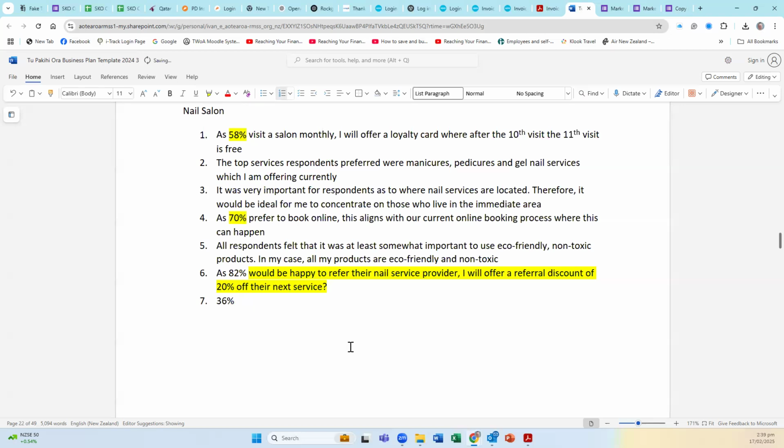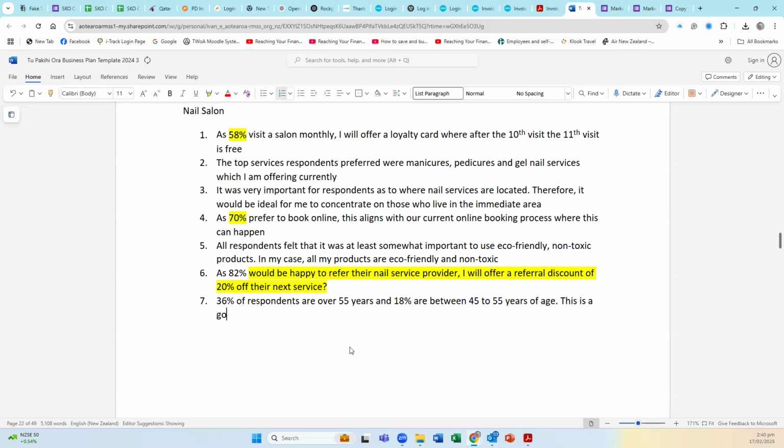And 18% of respondents are over 55 years, and 18% are between, sorry, 45 to 55 years. I'm having a brain moment of age.